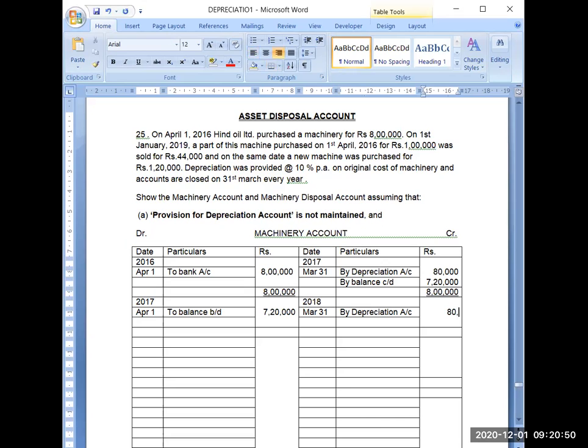It will remain 80,000 for this year also. Then by balance carried down, 7,20,000, and balance will be 6,40,000.